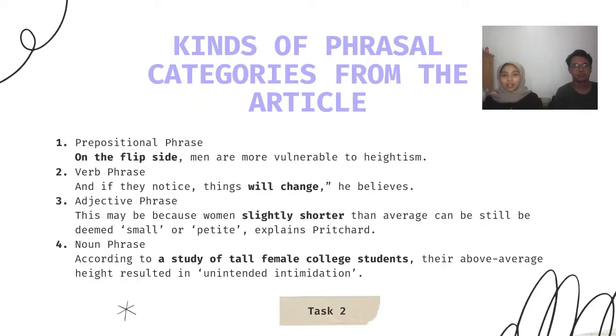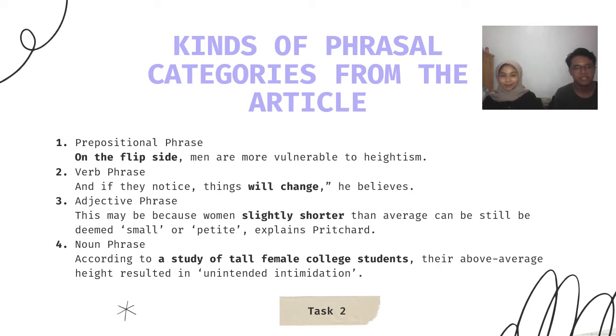The second part is the kinds of phrasal categories from the article. Number one, prepositional phrase: "On the flip side, men are more vulnerable to hateism." Number two, verb phrase: "And if they notice, things will change, he believes."